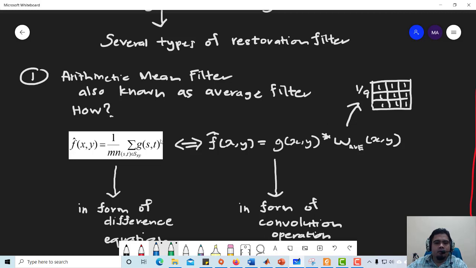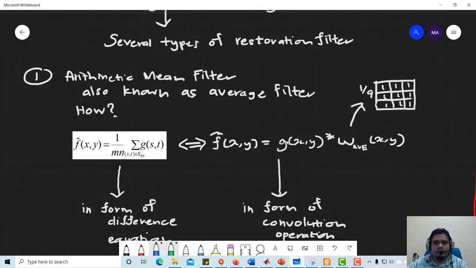The question is how these two are similar, because when you see the equations, they are a little bit different. One thing I also like to highlight here is that now I use G as an input and F hat is the output. So now it's a similar notation, so you might not be confused.